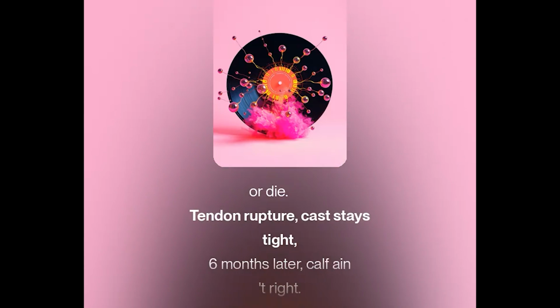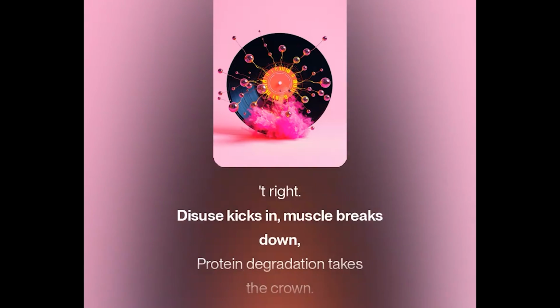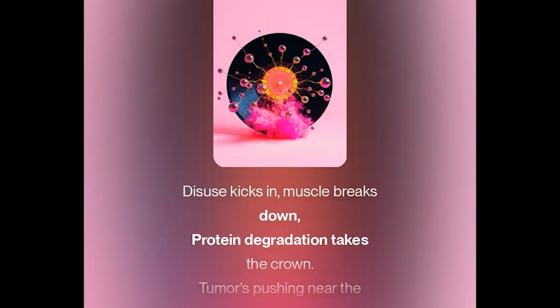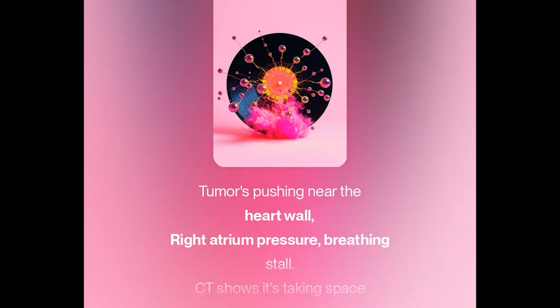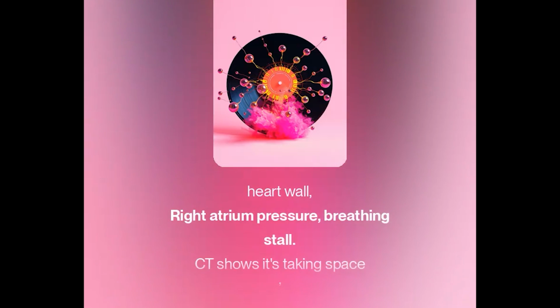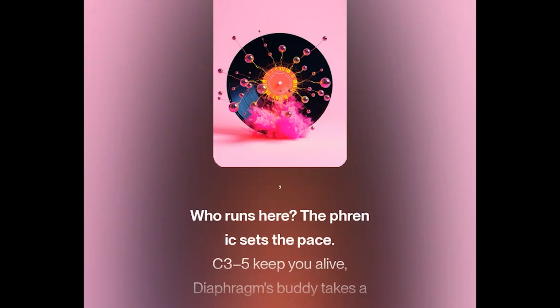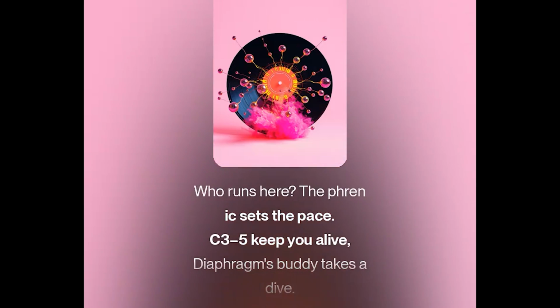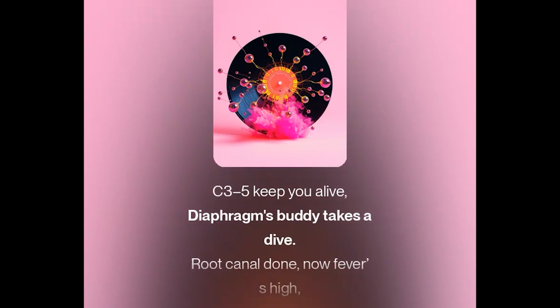Tendon rupture, calf stays tight. 6 months later, calf ain't right. Disuse kicks in, muscle breaks down. Protein degradation takes the crown. Tumor pushing near the heart wall. Right atrium pressure, breathing stall. CT shows it's taking space. Who runs schizophrenic sets the pace. C3 4 5, keep you alive. Diaphragm's buddy, takes a dive.